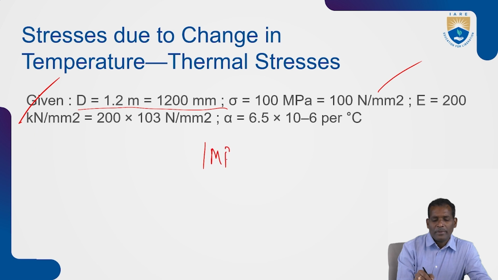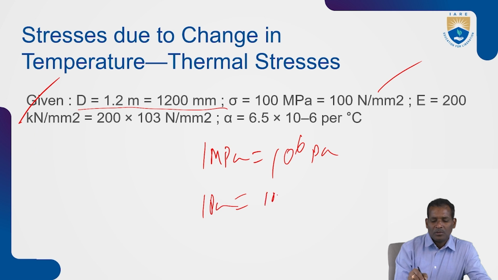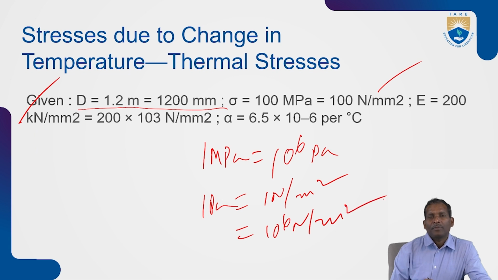You know 1 megapascal is equal to 10 to the power of 6 Pascal. So 1 Pascal is equal to 1 Newton per meter square. So that is 10 to the power of 6 Newton per meter square.